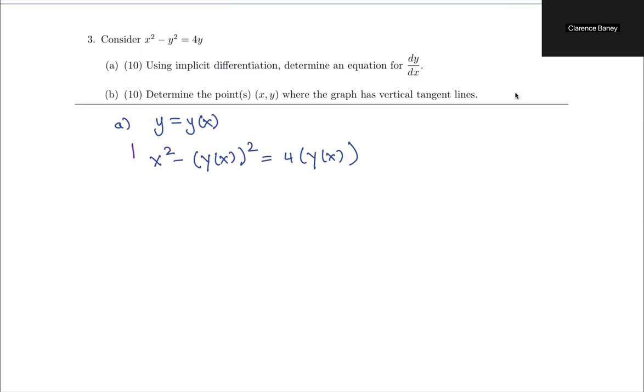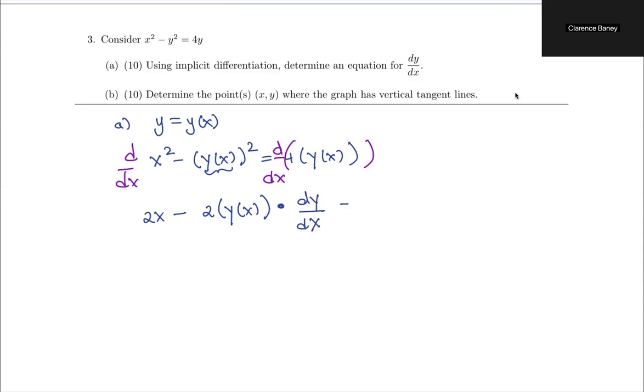It isn't actually the variable that you're differentiating. And so I'm going to take the derivative then of both sides of this problem in order to find dy/dx. And that's going to give me 2x. And now I'm going to have to use the chain rule here because I have to take the derivative of the outer function first. So that gives me 2y of x. But then I also have to take the derivative of the inner function, which is going to be dy/dx.